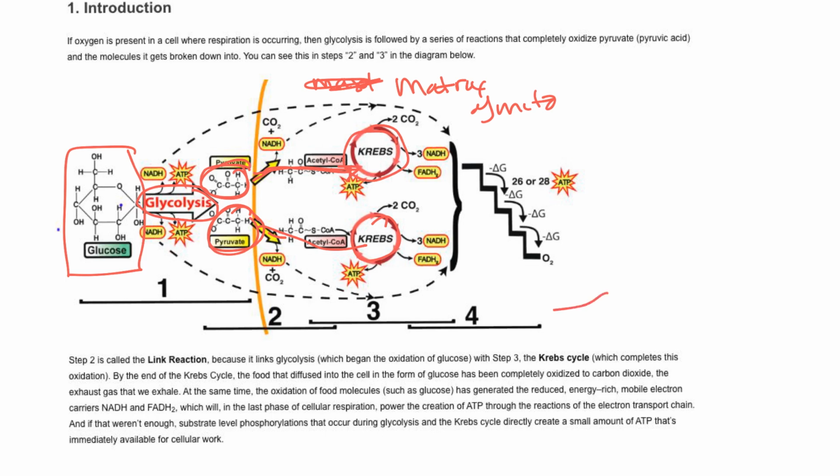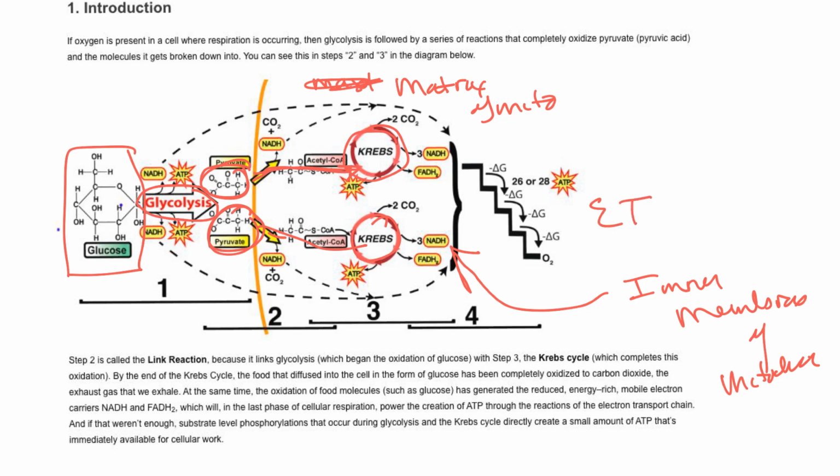And then it's going to go to the final stage, which is the inner membrane of the mitochondria. On that inner membrane, we have the last act, the electron transport chain. In the electron transport chain, it's exactly what it says.